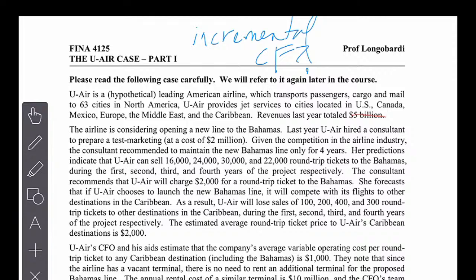No, Alfonso is right. No, Alex is right. It's not an incremental cash flow. This is known as sunk cost. This is an amount that we've already spent, whether we take on the project or not. Doesn't matter, we still would have spent that money.